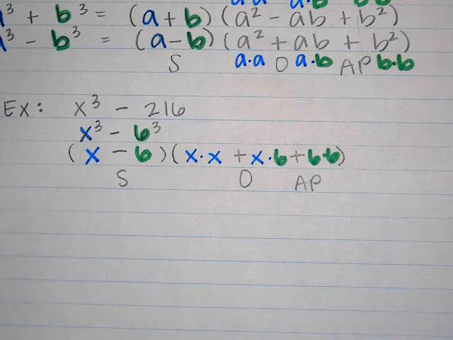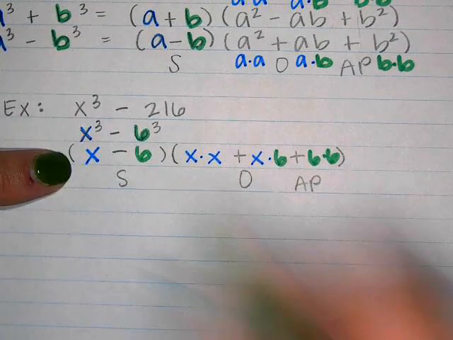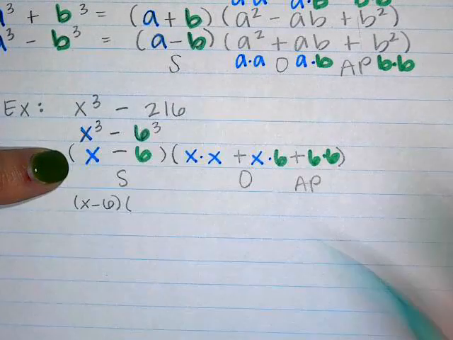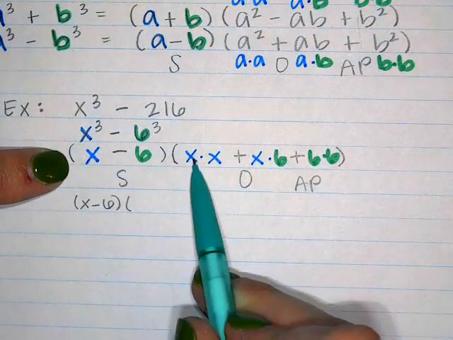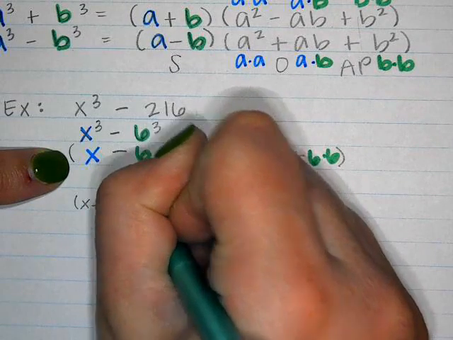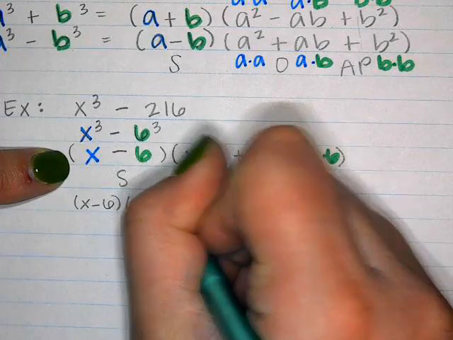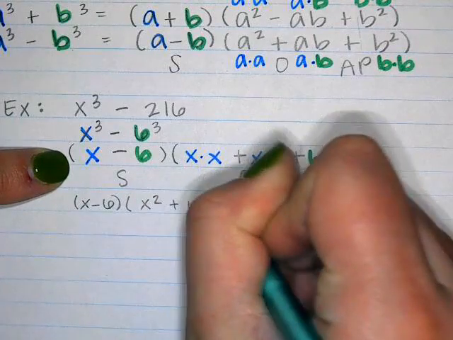So my first set of parentheses was just x minus 6. My second set of parentheses was x times x plus x times 6 plus 6 times 6.